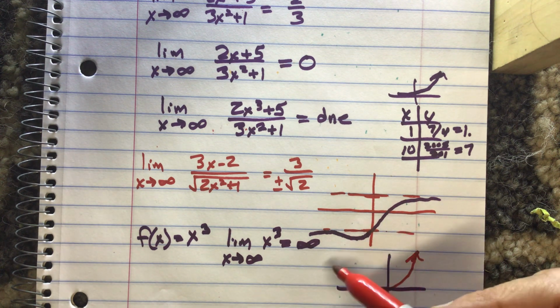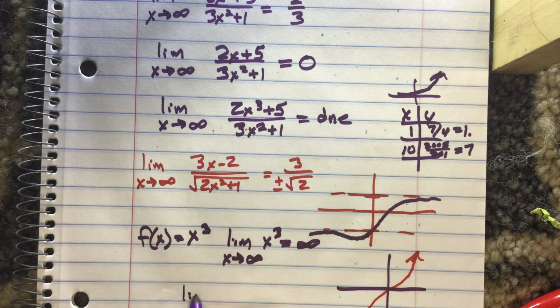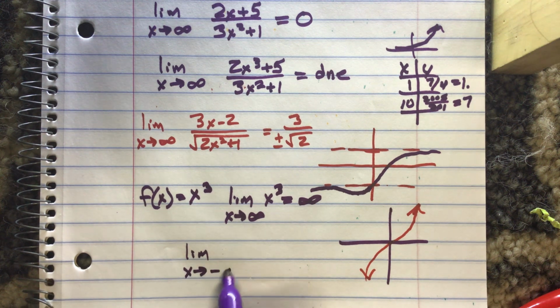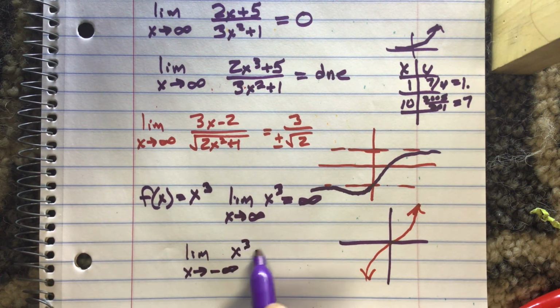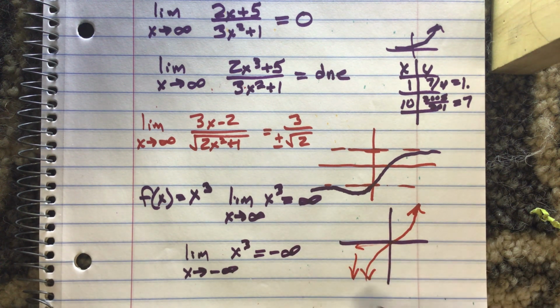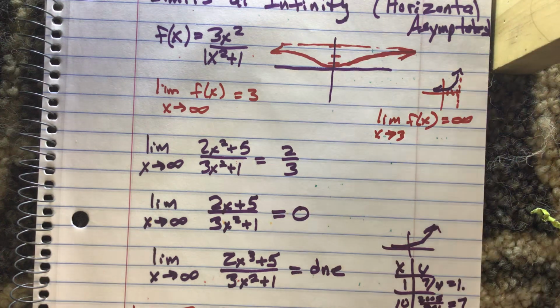So the overall limit doesn't exist, but we can say that it approaches infinity. And we could also say that the limit as x approaches negative infinity of x to the third is negative infinity, because as x is decreasing, so is y. So the overall limit doesn't exist, but we can say that it approaches infinity or negative infinity. And that is limits at infinity, horizontal asymptotes.